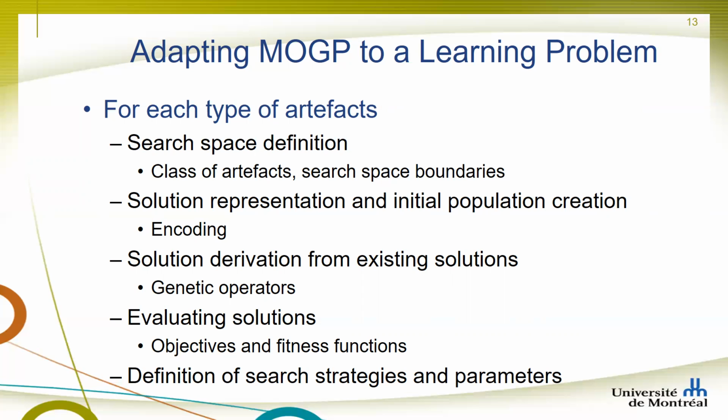The conformance to the examples is one of them, but I need to define other objectives to ensure some non-functional properties of the solutions that I want to learn. And finally, I have to define some search strategies and parameters that are specific to this problem. So I will come back to these considerations for the kinds of problems that I mentioned.